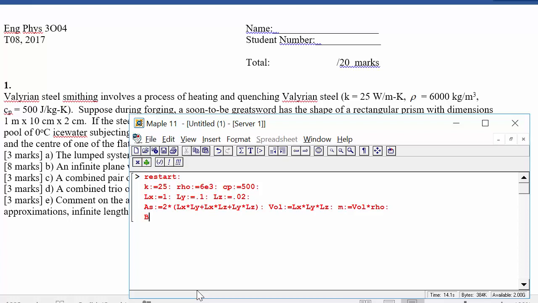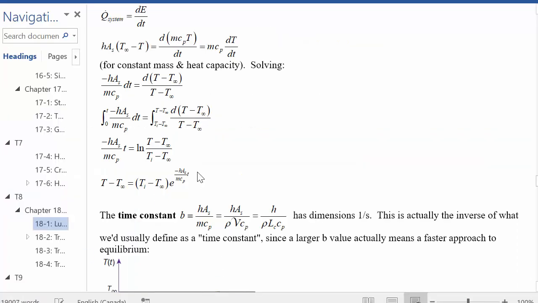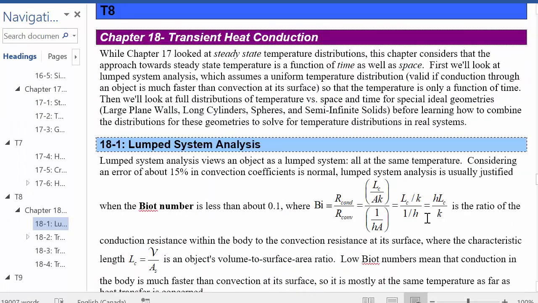We can calculate the Biot number for the lumped system approach, which would be based on the characteristic length, which is the volume divided by the surface area. And the Biot number that we would get would be the characteristic length times the convection coefficient divided by the conductivity. So that's defined up here.